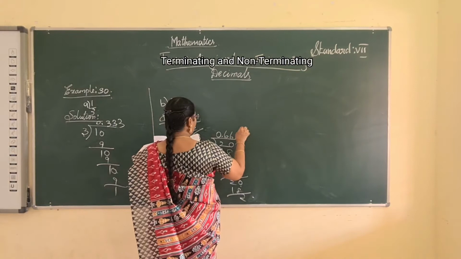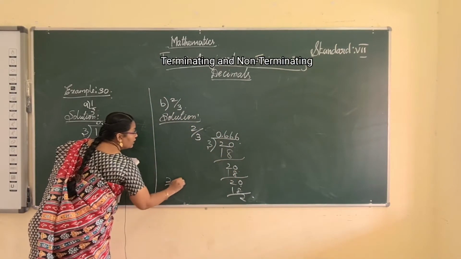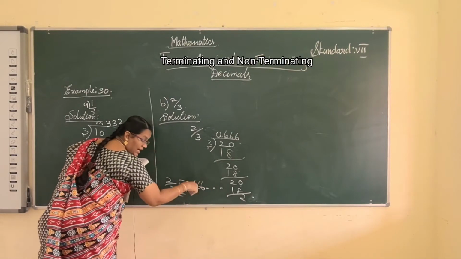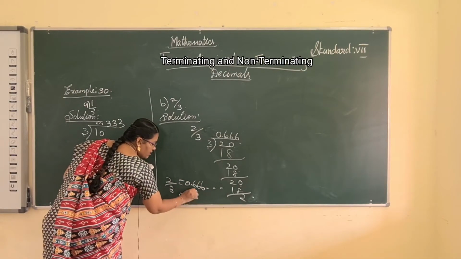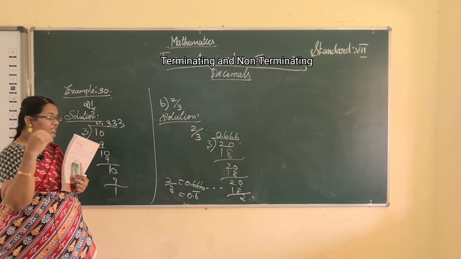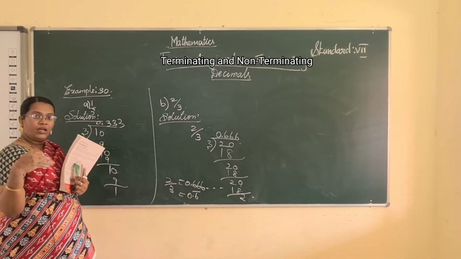You can write 2/3 is equal to 0.6666 endlessly going. It can be written as 0.6 with a bar. The meaning of the bar is that 6 repeats many times.